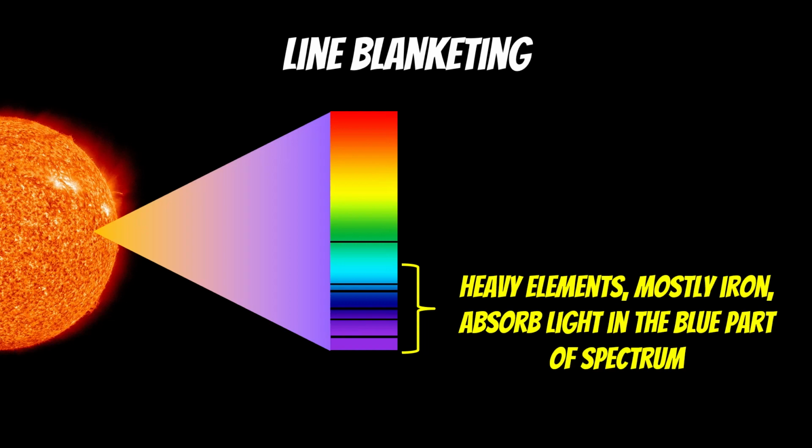So they have these lines in the spectrum where specific energies are being absorbed, so that light doesn't make it to us anymore. So we're losing the blue part of the spectrum. So if you have a lot of heavy elements in a star, you're losing the blue part but retaining the redder part. So it appears to be redder than an equivalent one that doesn't have many of those heavy elements there. So this is known as line blanketing, where you're just having all these absorption lines absorbing the energy in that part of the spectrum, specifically blue.